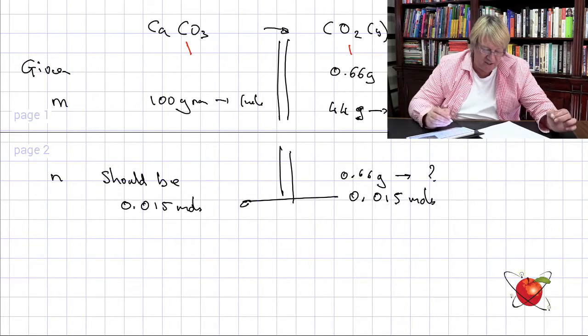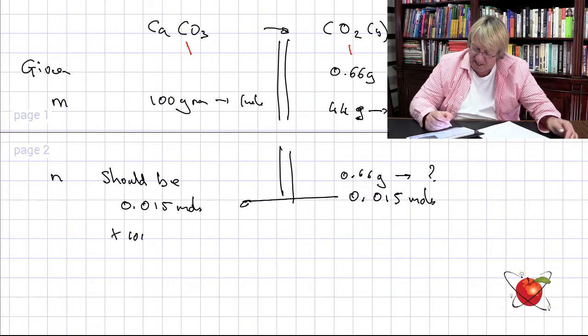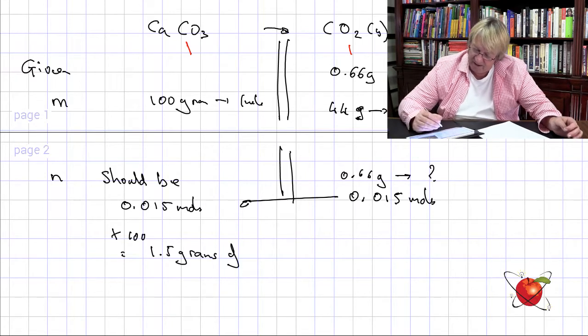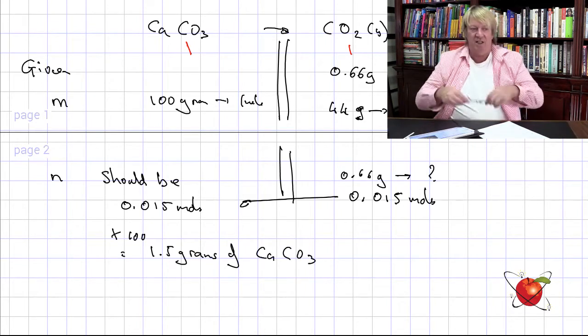That times the 100 is going to give us 1.5 grams of CaCO3. Can you see that there had to have been 1.5 grams of CaCO3 to have given us the 0.66 grams of CO2 that we got out? They are linked in the mole ratio. In this case, granted it's 1-to-1, but that is the linkage that we make.